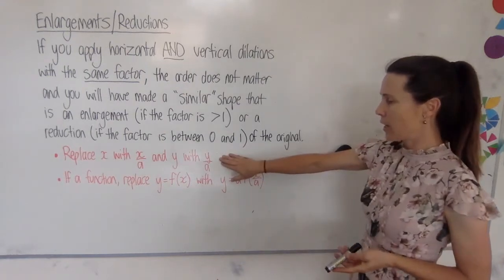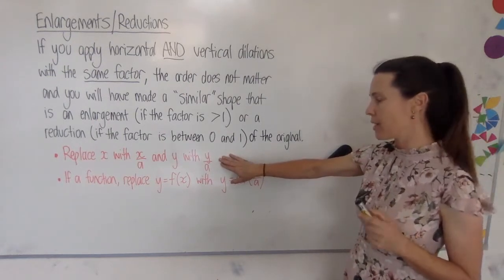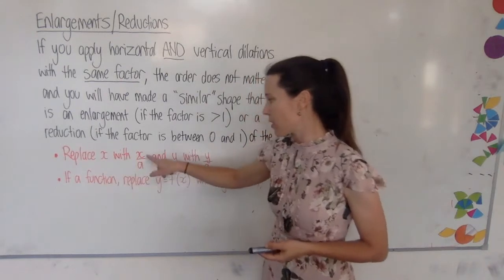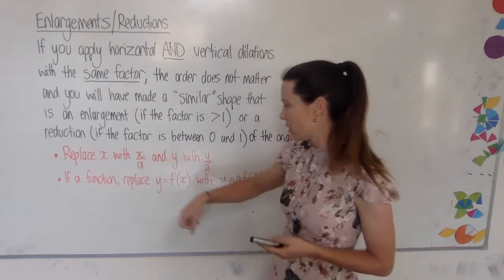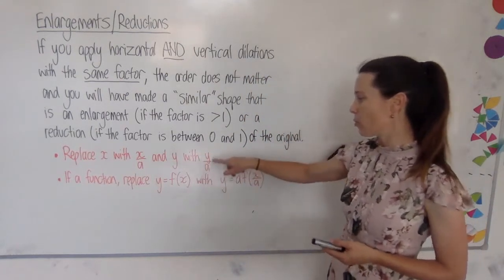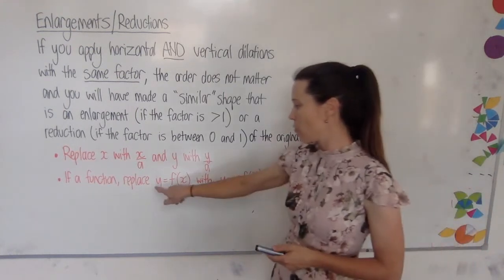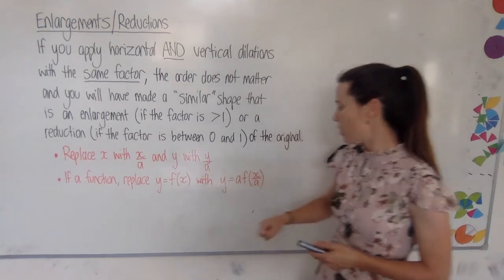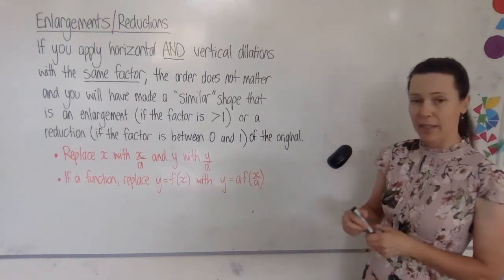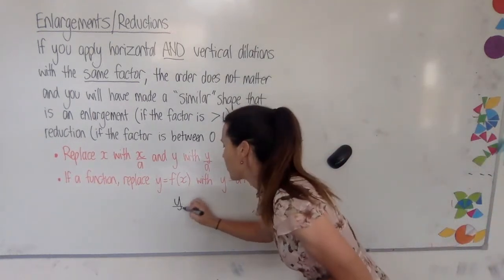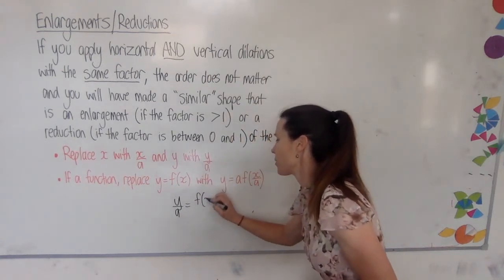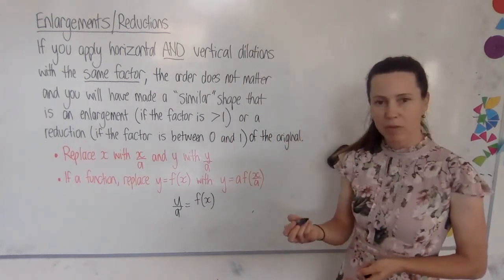So the take-home points of how to do this, you've already seen it really. You replace x with x over a, if a is your scale factor, and you replace y with y over a. Or if it's a function, then you can use that other form. You can take your y equals f of x. And we saw that if we were replacing the y with y over a, we don't often write it like that, do we?